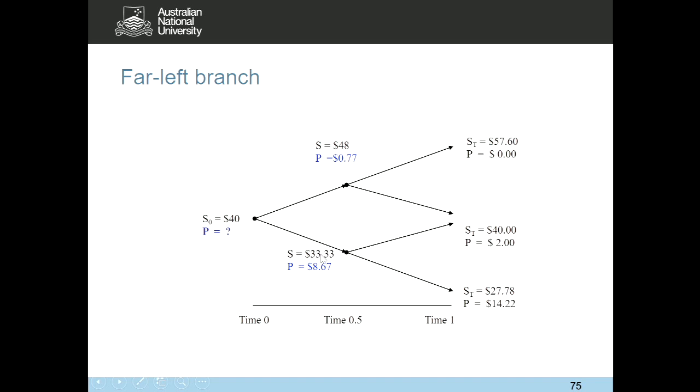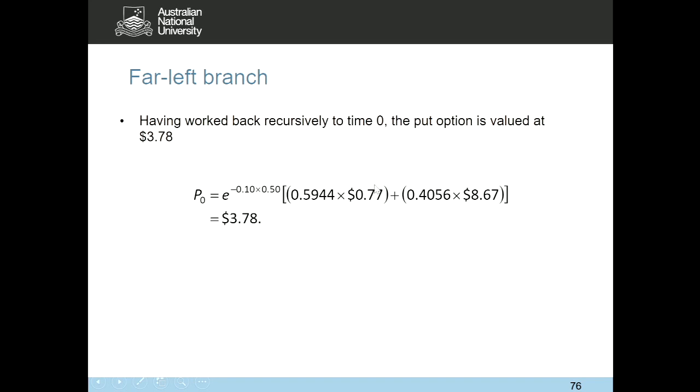If we go down to 33.33, that would lead to a payoff of $8.67. And we know the probability of that happening, so we work out the expected payoff, then we discount back using the risk-free rate, 10%. We discount back 6 months, and we get the put option price is $3.78.